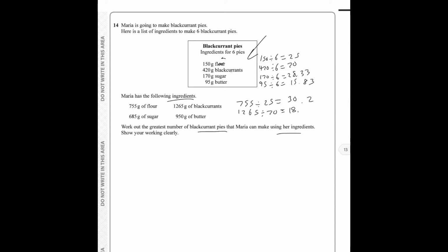So based on that, you're going to divide 70 like this and get 8.07. You're going to do 685 divided by 28.3 to find out the value is 24. Then you're going to do 950 divided by 15.83. These are all correlated values.